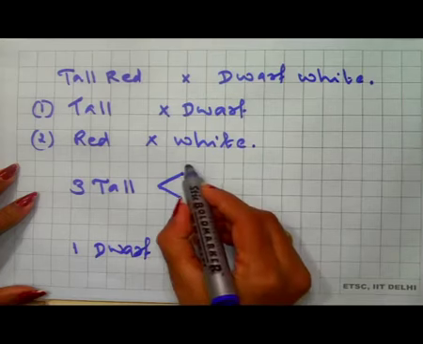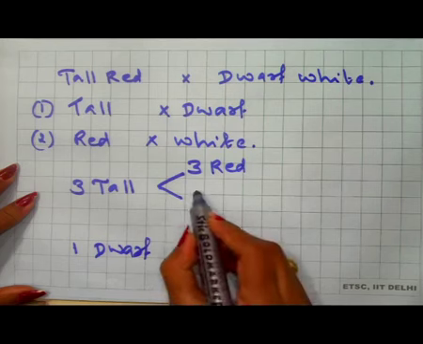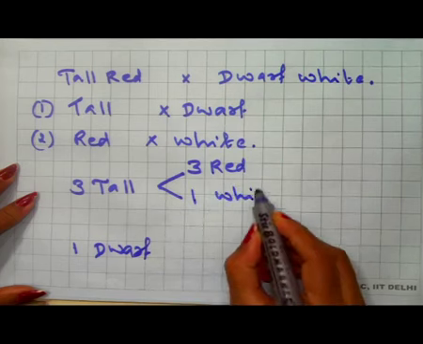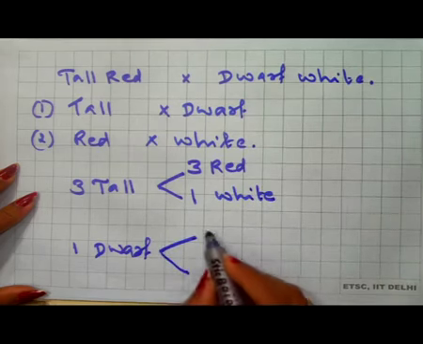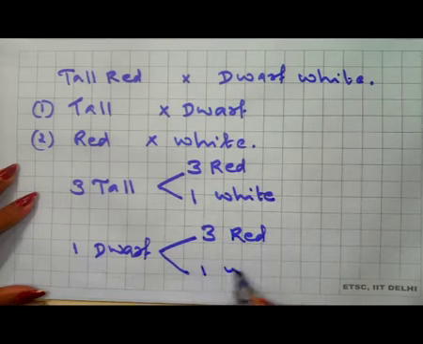Write like this, 3 red to 1 white. Same thing we will write here also, 3 red and 1 white.